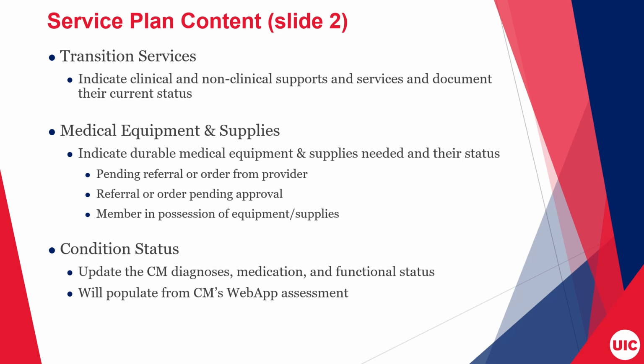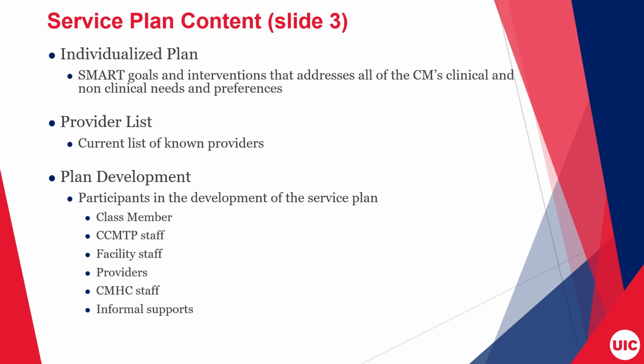Individualized plan: document the individualized plan to address the class member's needs and preferences. Provider list: current known providers. Plan development: participants in the development of the service plan, for example, CCMTP staff, facility staff, providers, CMHC staff, informal supports, the class member. We will be going over each of these sections in detail in this training.